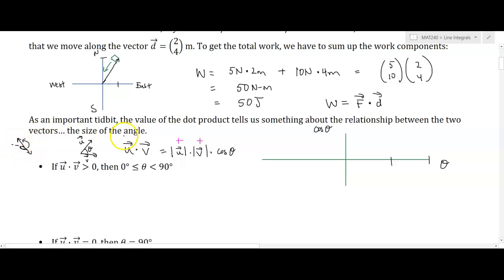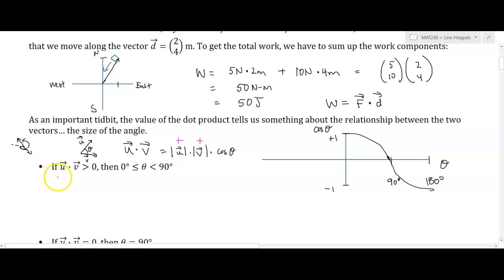So 180 degrees is as far as we need to go. Here's 90 degrees, here's 180 degrees, and here is -1, here is +1. So cosine looks like this. Cosine starts at 1, drops to 0 at 90, becomes -1 at 180 degrees.